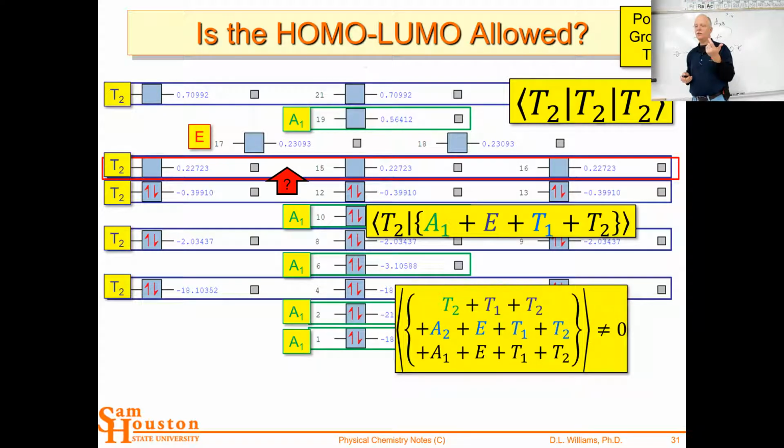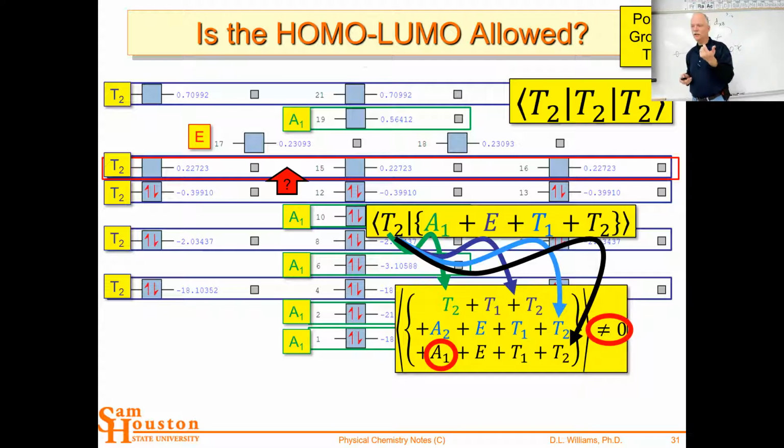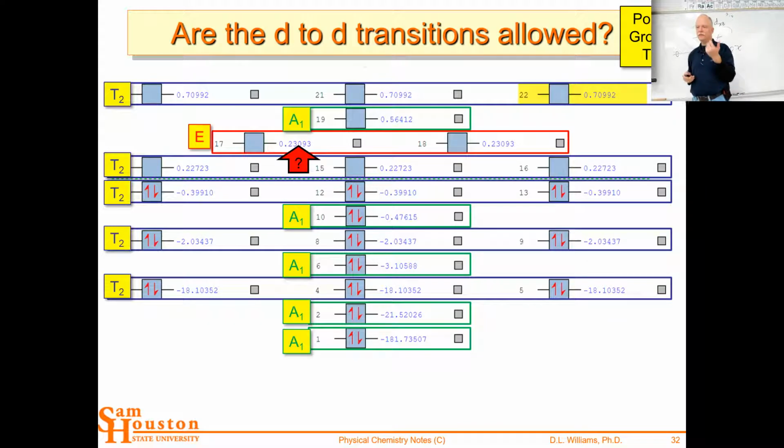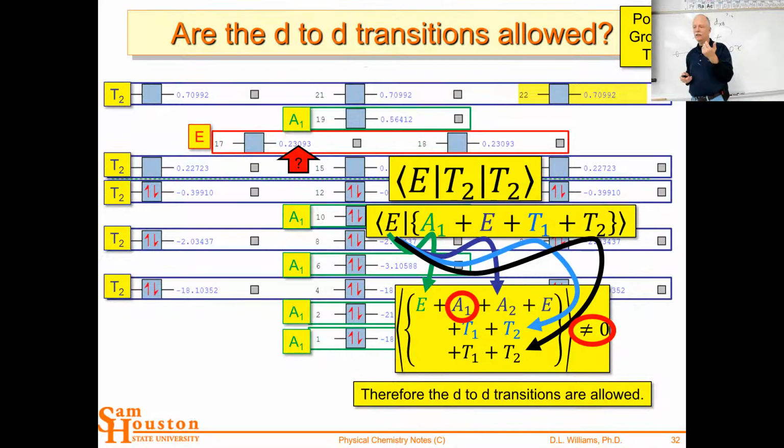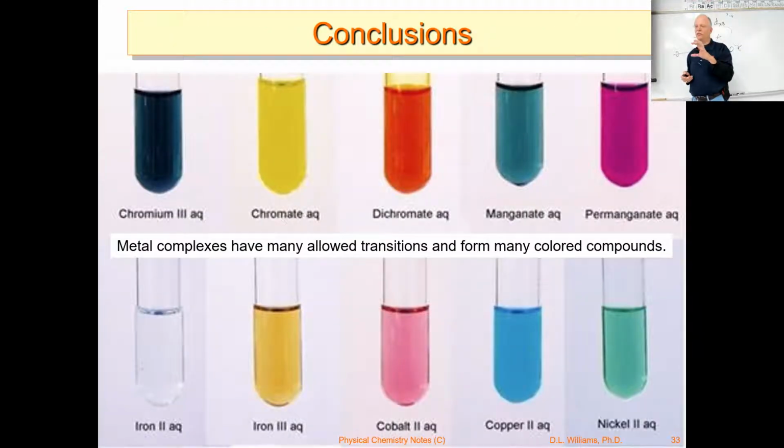Same kind of symmetry rules that we've got, same color coding. And so here we've got the HOMO to LUMO is allowed, and then we've got the d to d transitions. They're allowed. And that's where we have these beautiful colors for the aqueous ions of the transition metals.